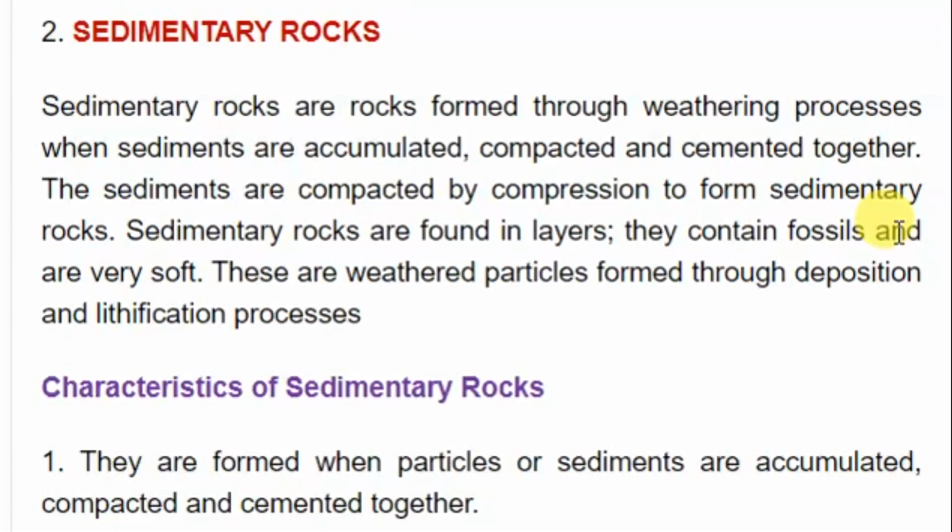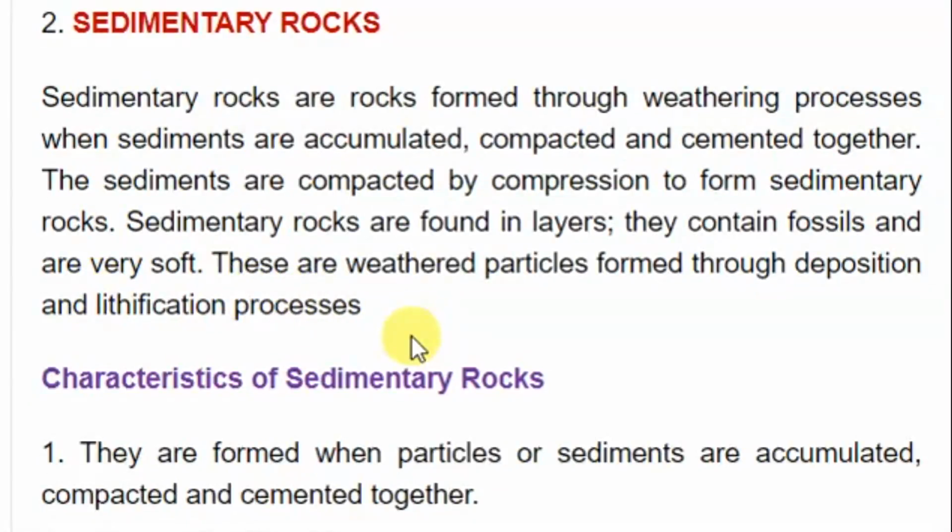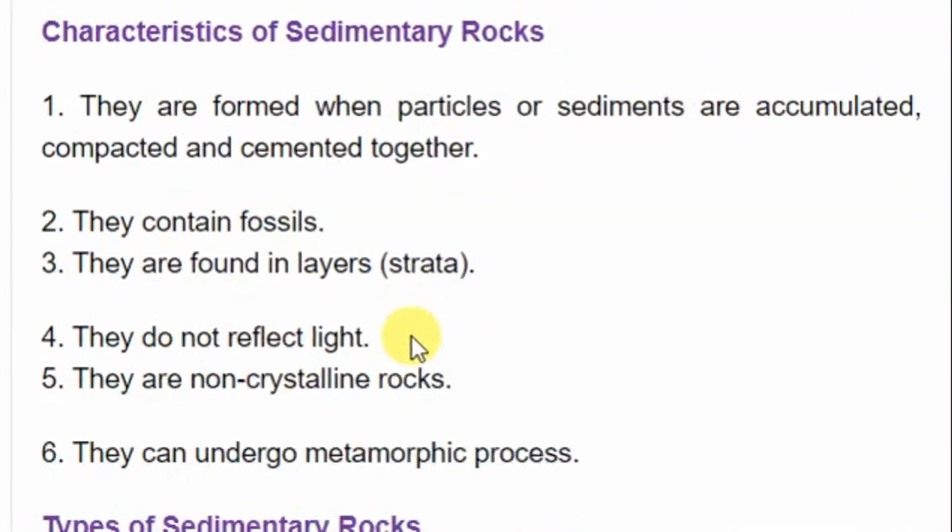Now we are saying that the sediments are compacted by compression to form sedimentary rocks. Sedimentary rocks are found in layers. They contain fossils and they are very soft. These are weathered particles formed through deposition and lithification processes. We shall see later the definition of these processes and how they occur.